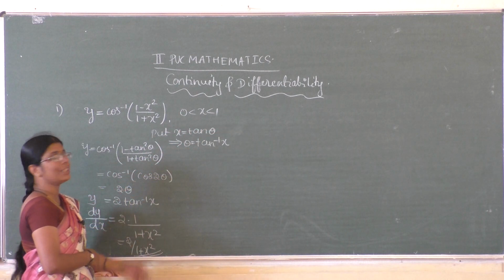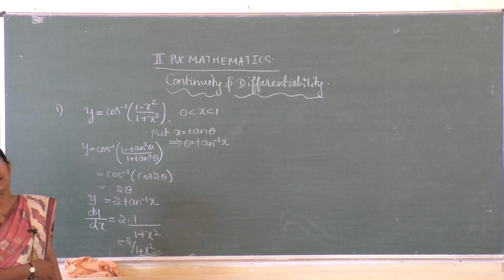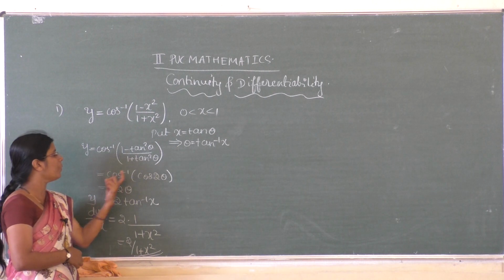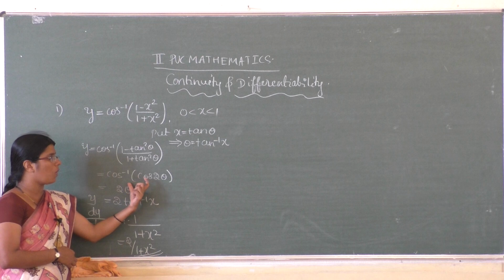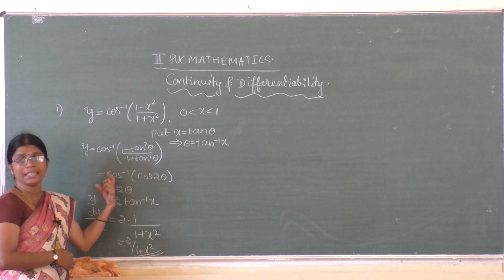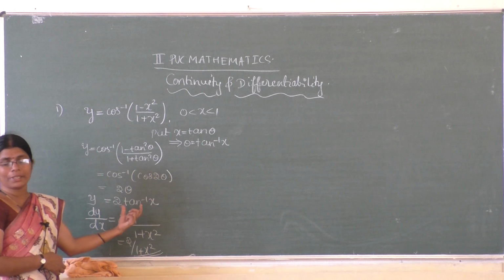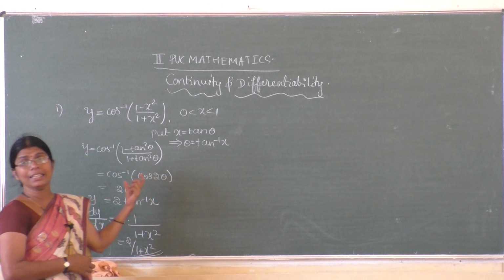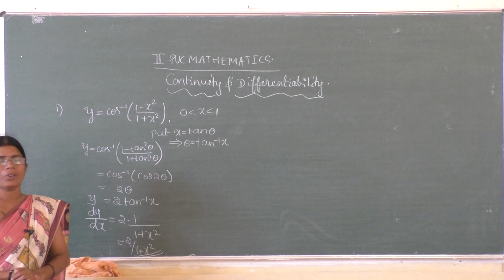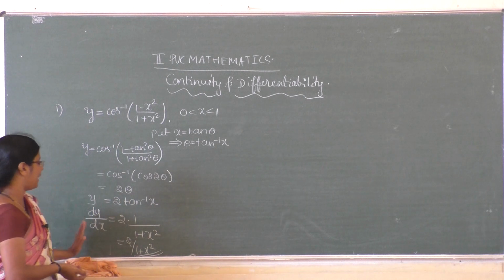So 2 theta is greater than 0 and less than pi by 2. To apply the property that cos inverse of cos of 2 theta is 2 theta, 2 theta should lie in the interval 0 to pi. So this holds.